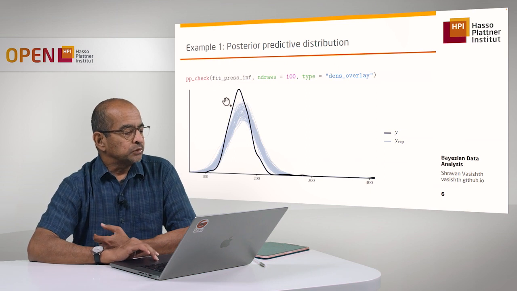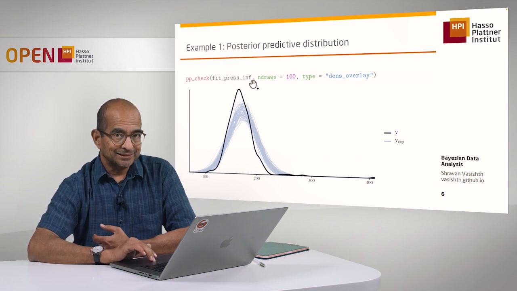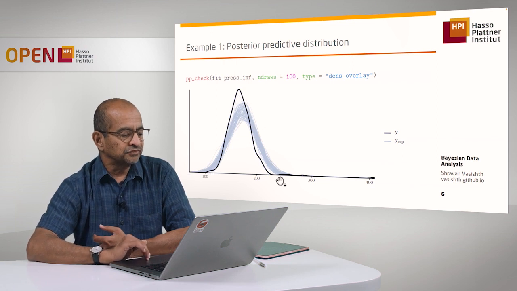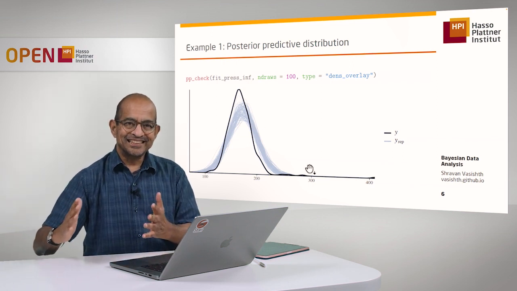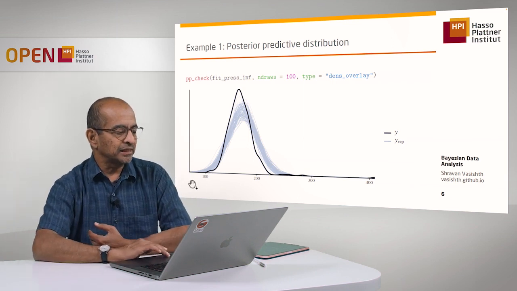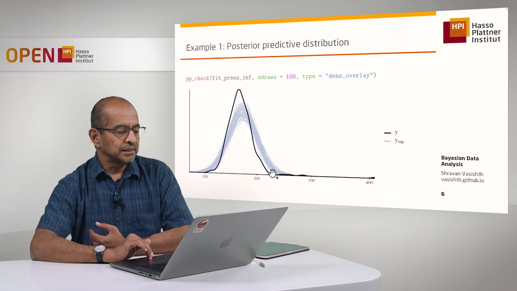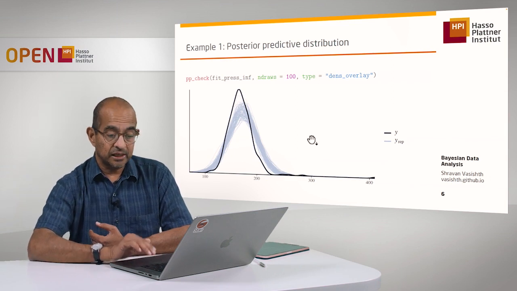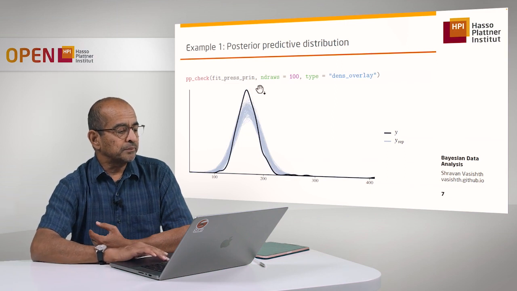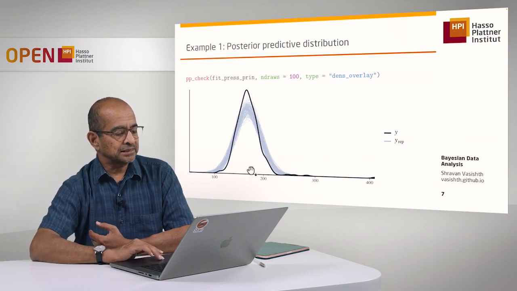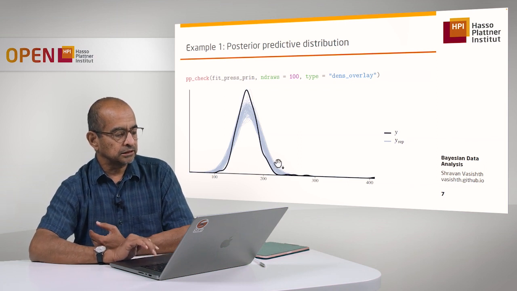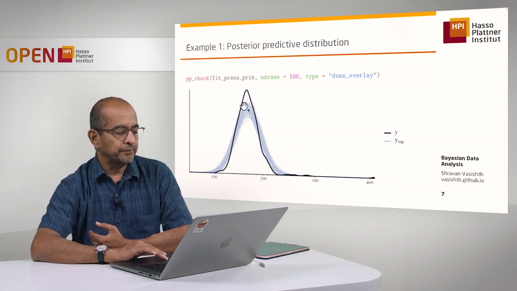Now, when I use more informative priors, you remember the informative priors from the previous lecture, you see that the distribution shifts a bit to the right. I showed you earlier that there was a slight shift to the right in the posterior as well, and this is due to the impact of the informative prior. And again, when I make the prior less informative, meaning I make the standard deviation a bit larger, I get a slightly larger spread and overlap with the observed data.